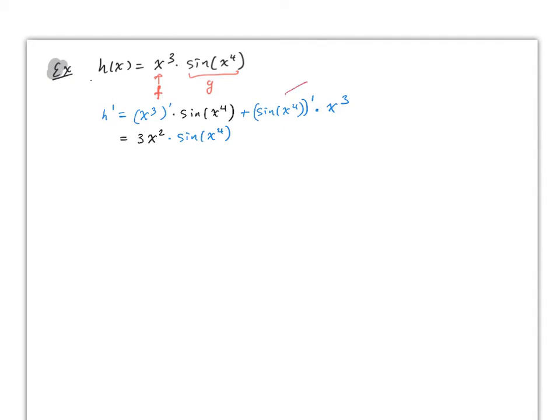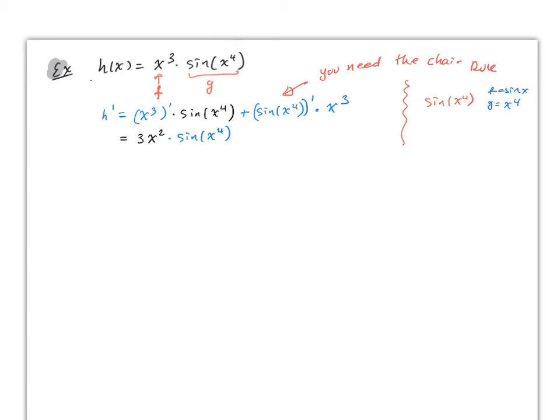Now this is the part where you need the chain rule, and we can even do that on the side. So here we have sine x to the 4. In this particular case, f is just sine of x, and g is equal to x to the 4.